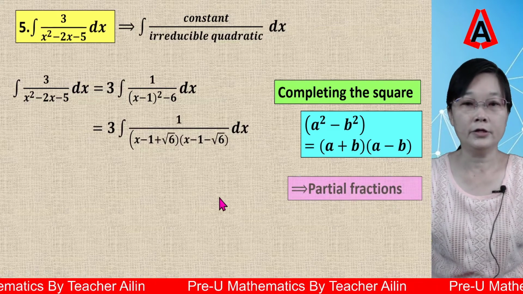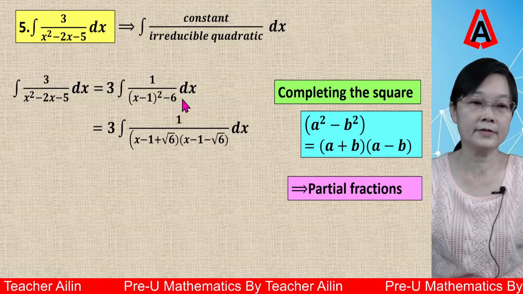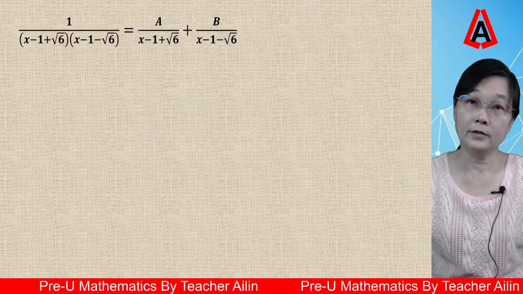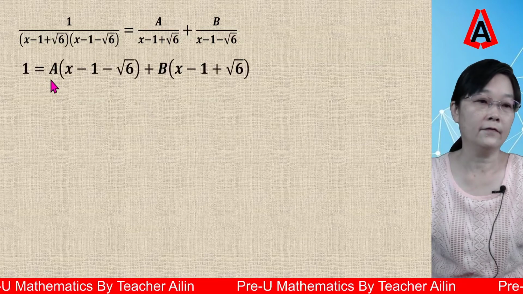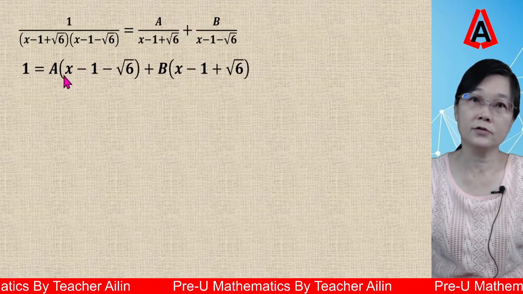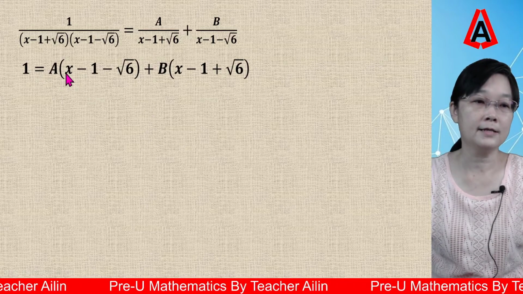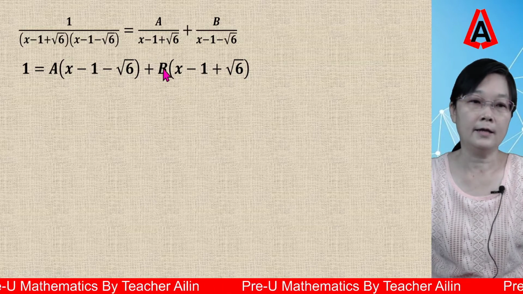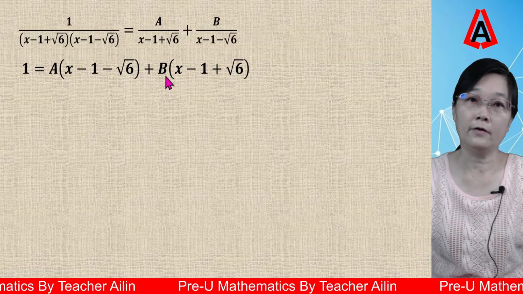Then I'm going to do partial fraction to separate the rational function into two. When doing partial fraction, first I'm going to choose a suitable value of x such that this factor is equal to 0, and then I am able to find the value of b.